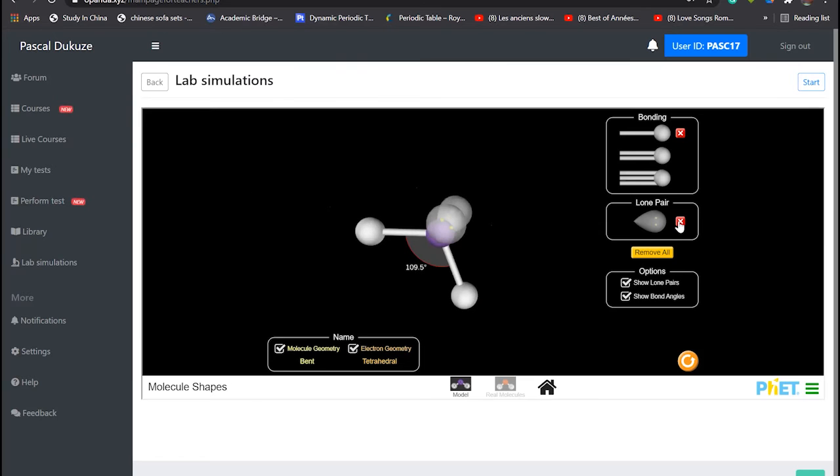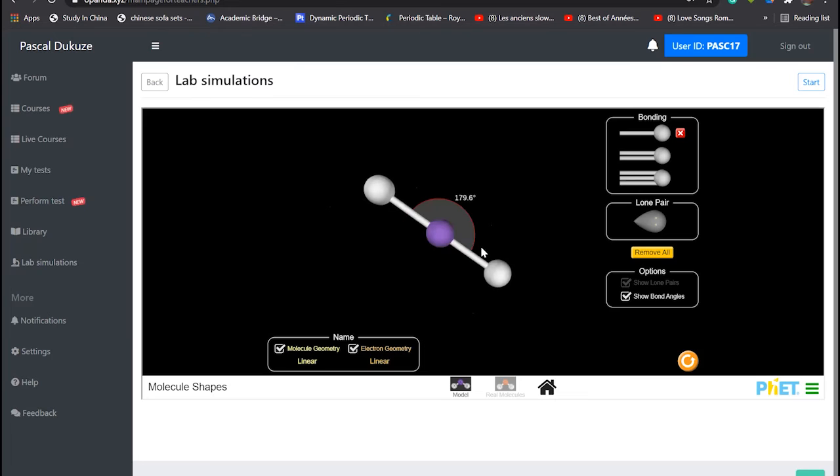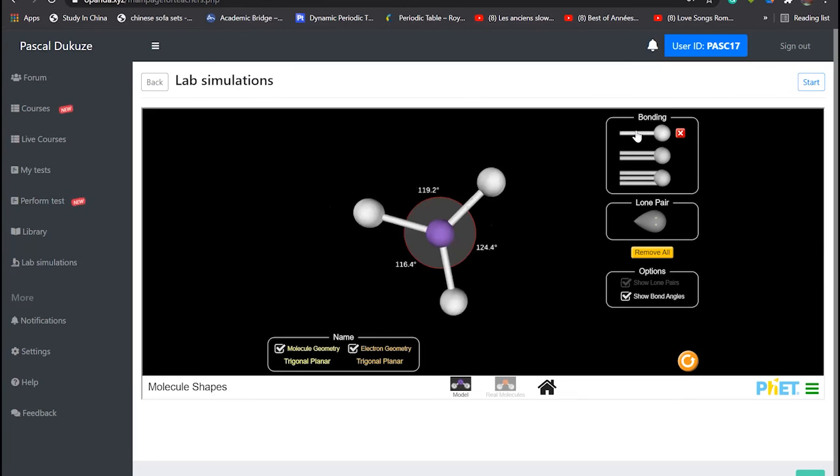First of all, let's remove the lone pairs to remain with a linear molecule. The angle is 180. When we add the third pair, you can see in the trigonoplanar shape, the angle is 120. When you add the fourth, the angle reduces. So as the number of electron pairs increases, the bonding angle also decreases.